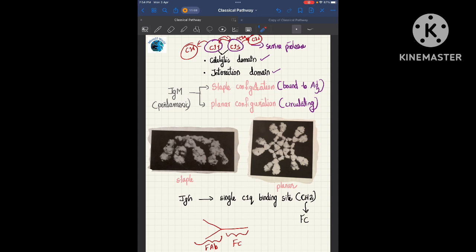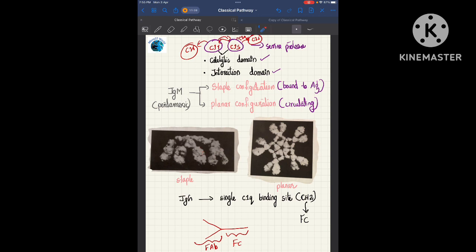This is the principle behind the complement as well as the antibodies. They circulate commonly in a serum medium, but they won't activate the complement. This is the reason. For example, if IgM and complement are present in the same serum, it won't lead to complement activation, because the IgM circulates in a planar configuration and cannot bind and activate the complement.